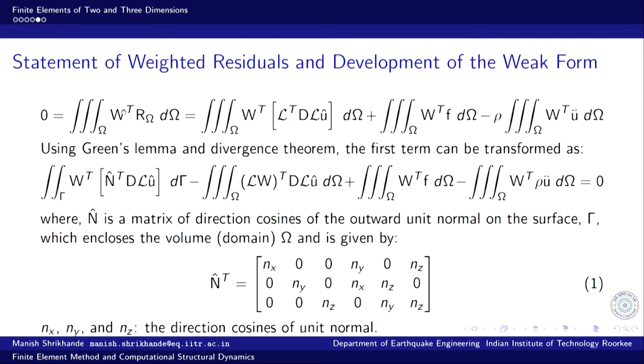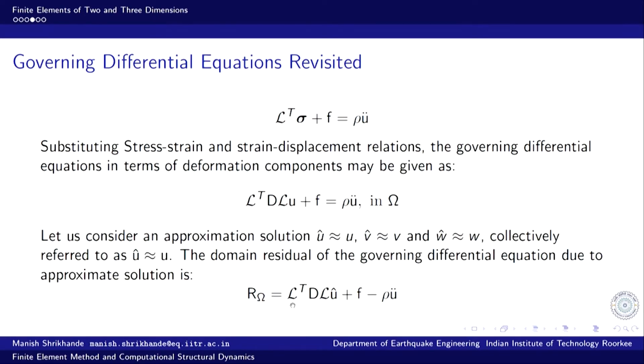W is a weighting function. Please note that r omega here is a vector with three rows, one relation in each coordinate direction. So, in a sense this is a set of simultaneous differential equations.